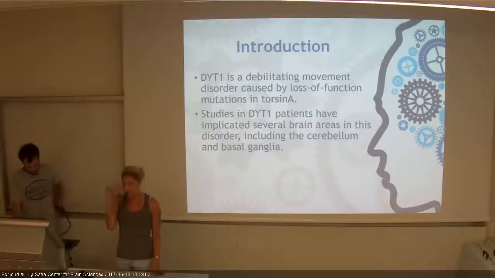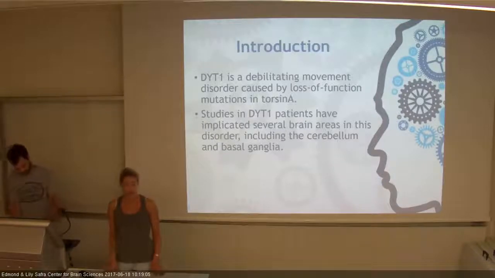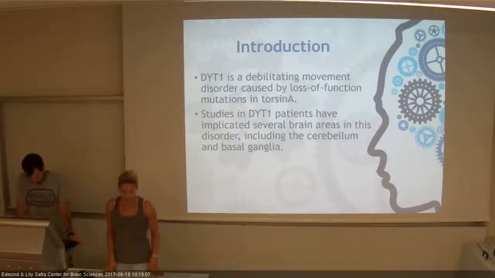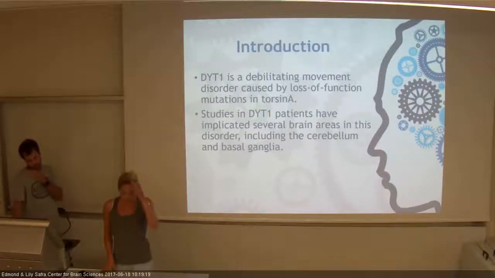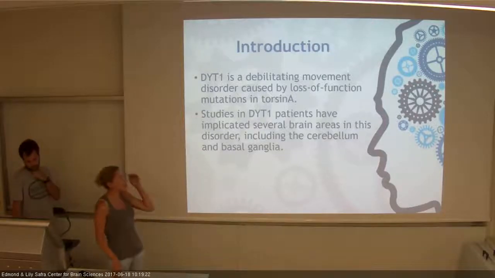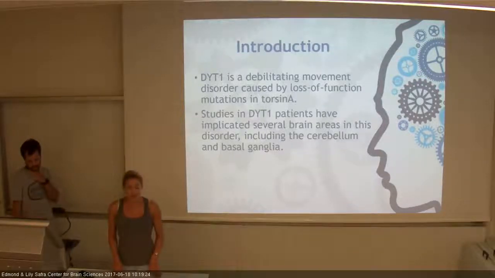How this mutation causes dystonia is still unknown, but there is a mouse model that these researchers made, and they embryonically targeted torsin A. But at the beginning they tried and they saw that the mouse model didn't really mimic the dystonia that we see in human patients.